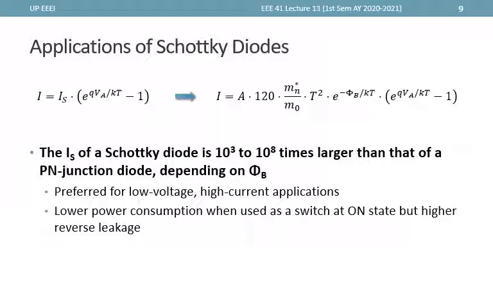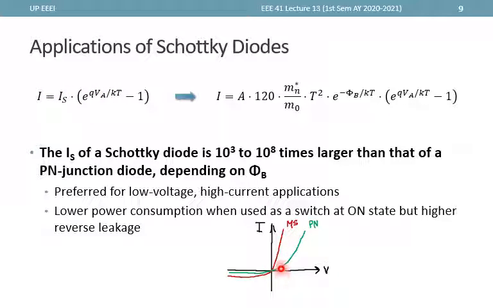Now it actually turns out that the IS, or reverse saturation current of Schottky diodes, is around 10 to the 3 to 10 to the 8 times larger than that of a PN junction diode, depending on phi B. This makes Schottky diodes preferred for low voltage, high current applications. So consider if we have a large IS, so for the same applied voltage, we'll get a larger current.